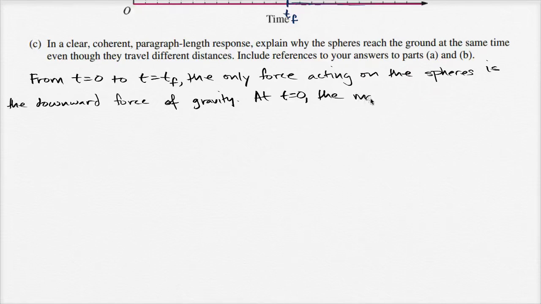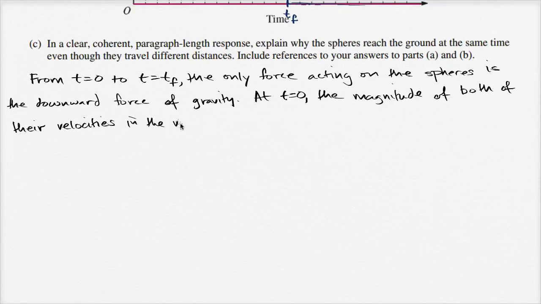The magnitude of both of their velocities in the vertical direction is 0 after t equals 0.